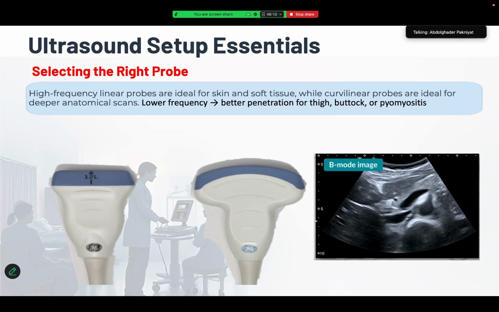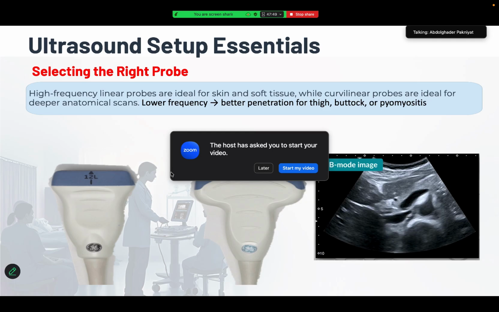But if you want to check something deeper, more than 4 centimeters, it is better to use a low frequency probe that has better penetration. For example, if you want to look for abscess formation in the thigh, buttock, or pyomyositis, you need to use low frequency. So which probe do we need to use in soft tissue infection point of care ultrasound?